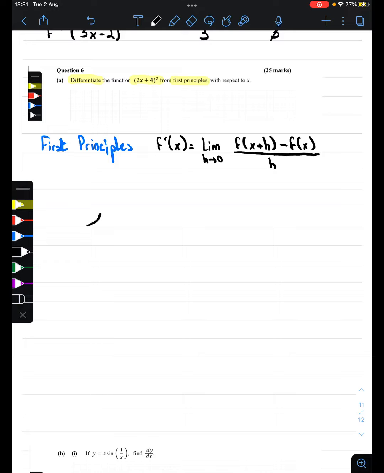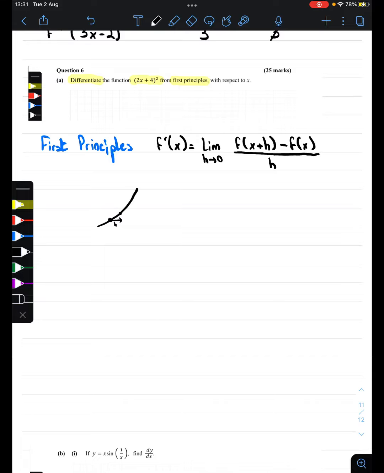So if you have a curve like this, and let's say this is f(x), and this is h, well then this would be f(x + h).